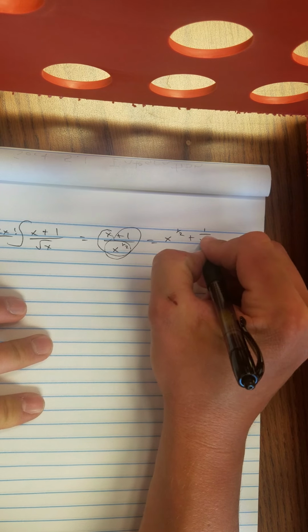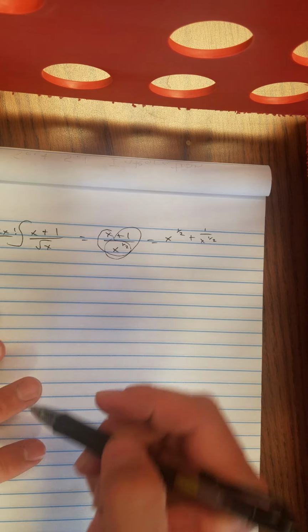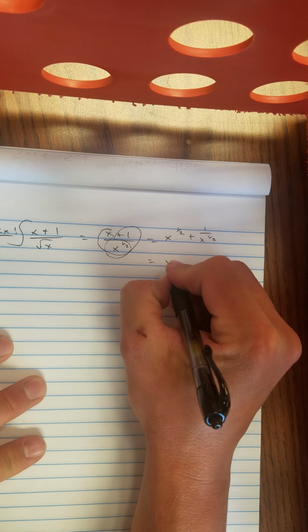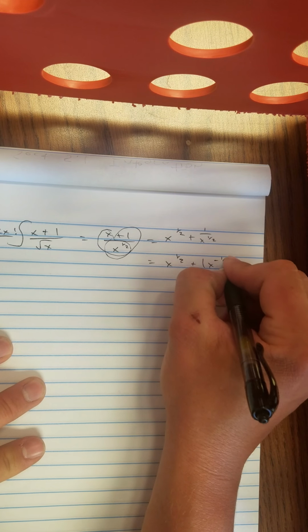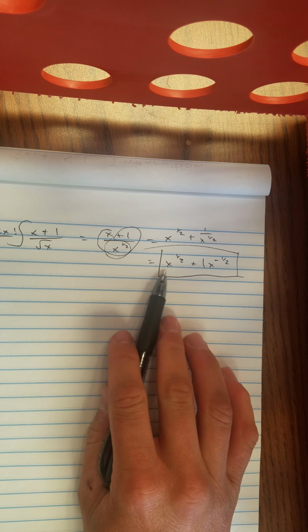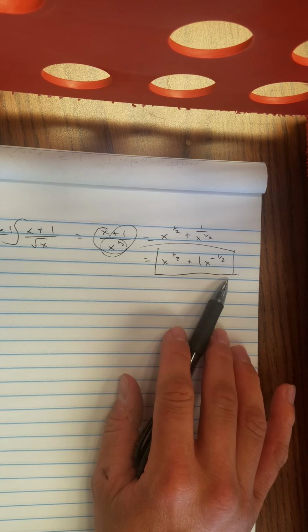It's 1 over x to the 1/2 power, right? If I move this x up with the 1, here's what I get. X to the 1/2 plus 1x to the negative 1/2. At this point, hopefully this makes sense to you, we've got it as a term plus another term, written basically loosely in polynomial form.